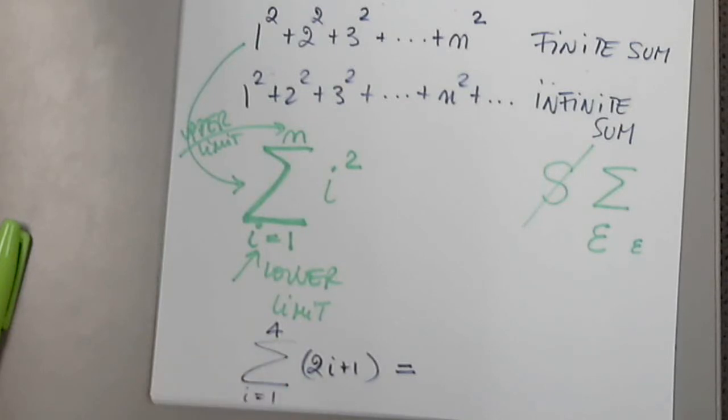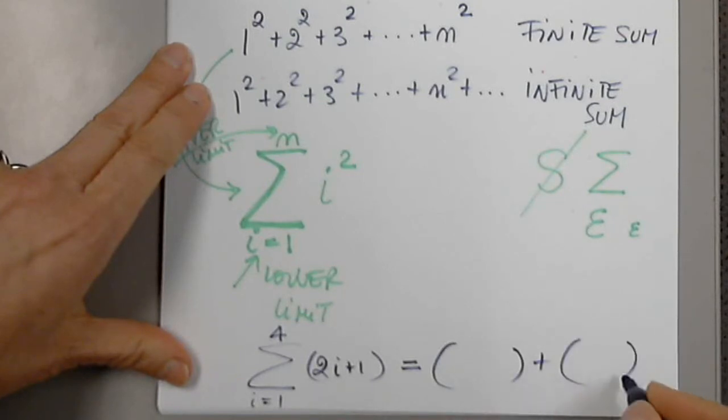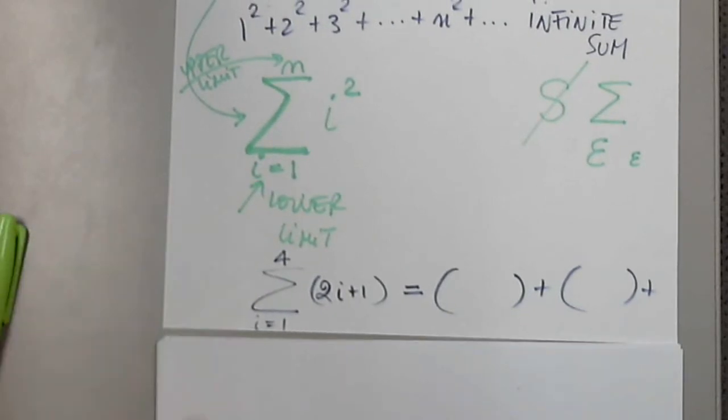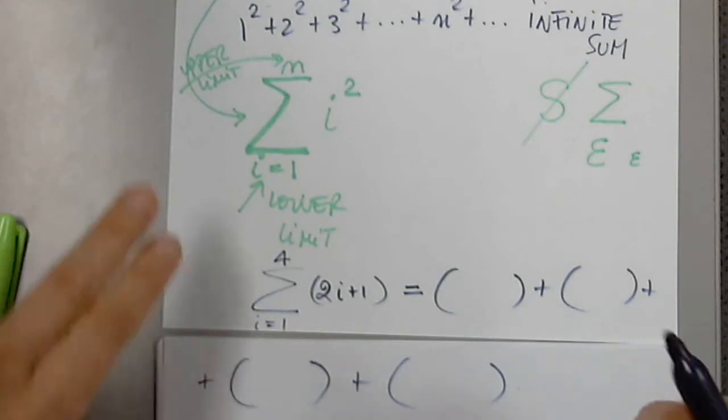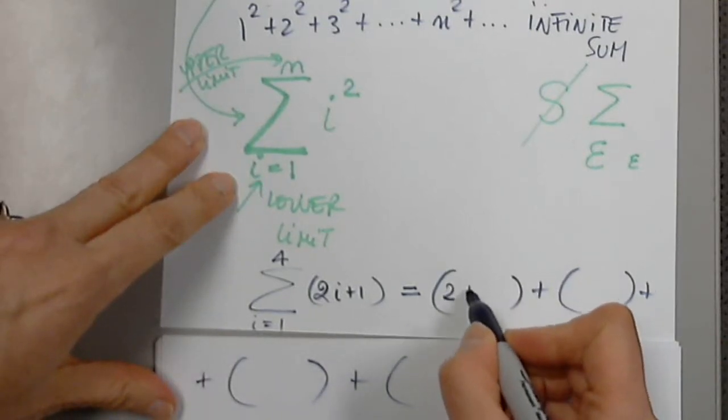Okay? Can anyone dictate the first term? And I'm going to put all of them in parentheses for everyone to see where they come from. Can anyone give us the first term of this summation? Do not calculate anything. I want everyone to see. 2 times 1 plus 1.